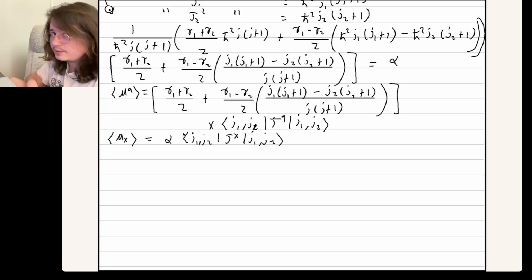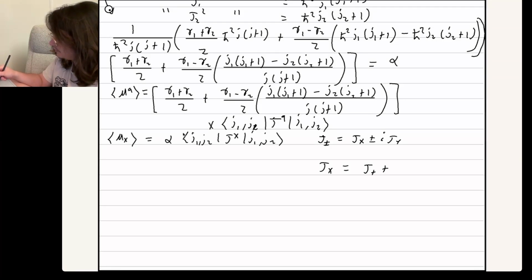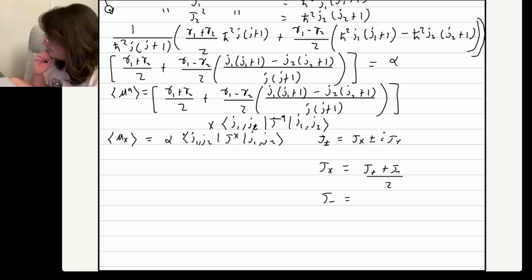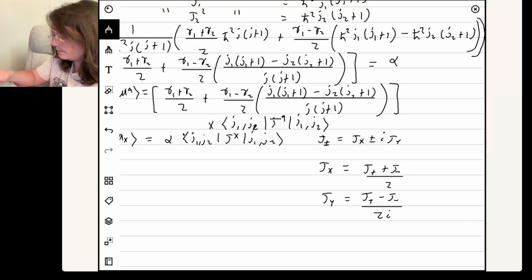But there is a relation between J_x, J_y and the raising and lowering operators, that being J plus minus equals J_x plus or minus i J_y, which you can solve for J_x and J_y as being J_x equals J plus plus J minus over 2, and J_y being J plus minus J minus over 2i, and that's supposed to be J_y. So we got those lined up.